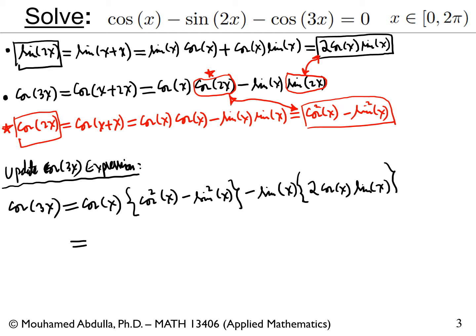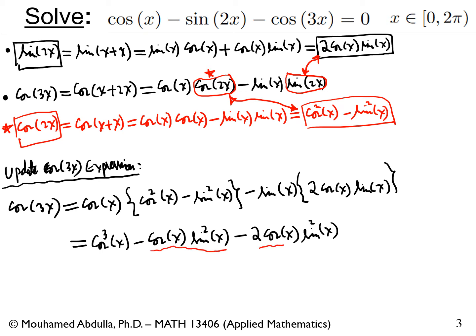Okay, so now let's multiply the cosine into the bracket and the sine of x into the bracket and see how we could simplify this, hopefully. So we'll have cosine cubed of x minus cosine of x sine squared of x, and here we'll have a minus 2 cosine of x sine squared of x. Of course, it's easy to notice that these two expressions can be combined.